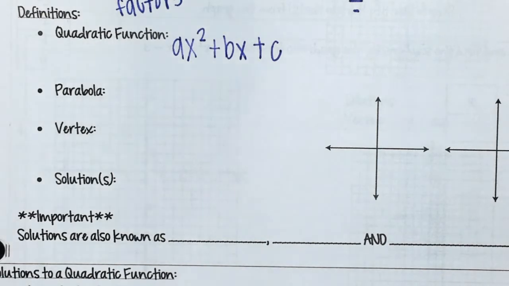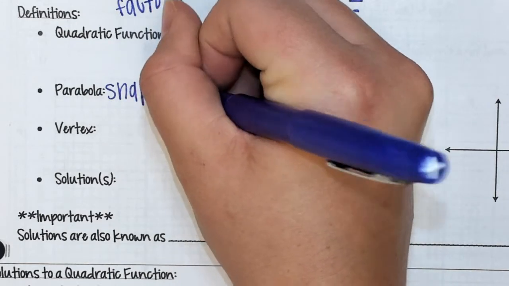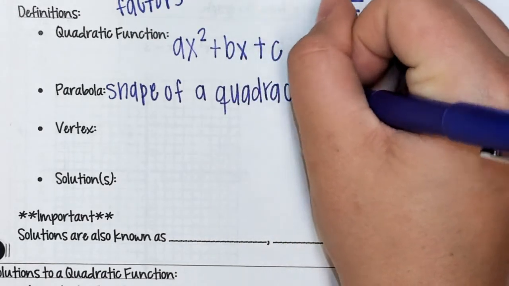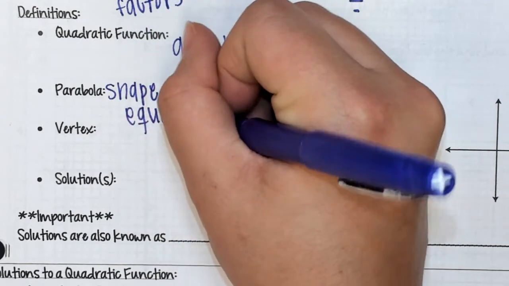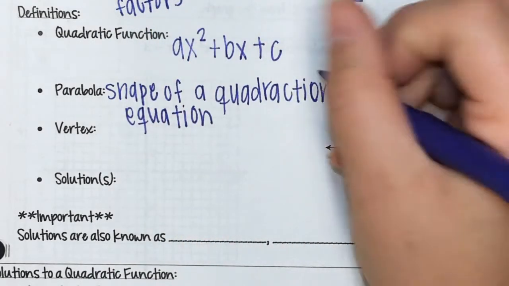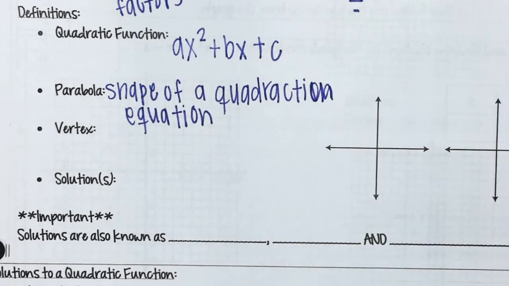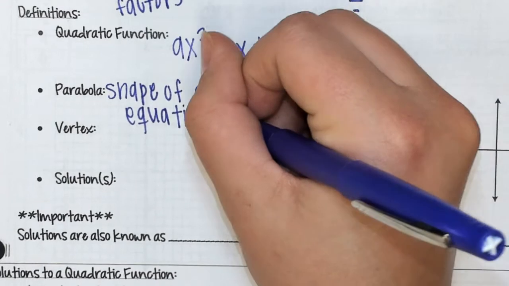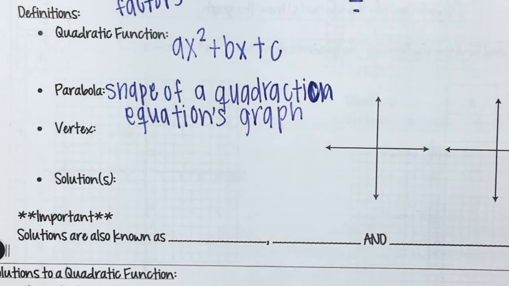Okay, a parabola is the shape of a quadratic equation's graph. A parabola is the shape of a quadratic equation's graph.